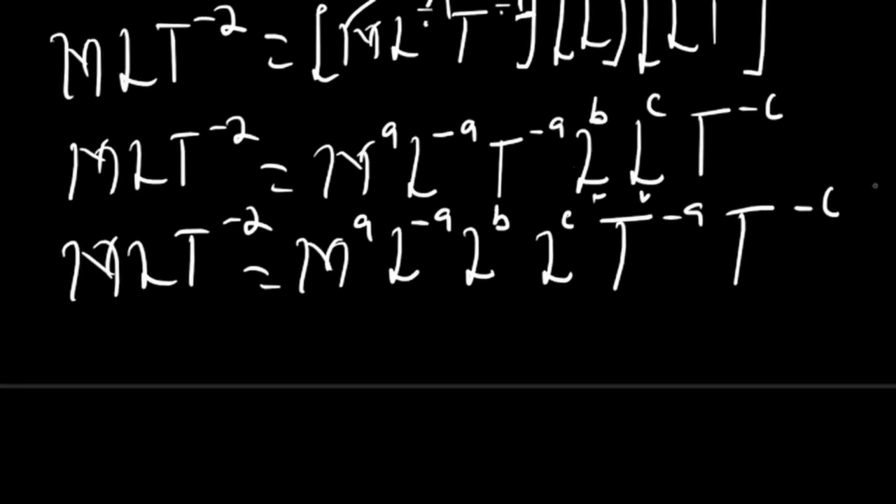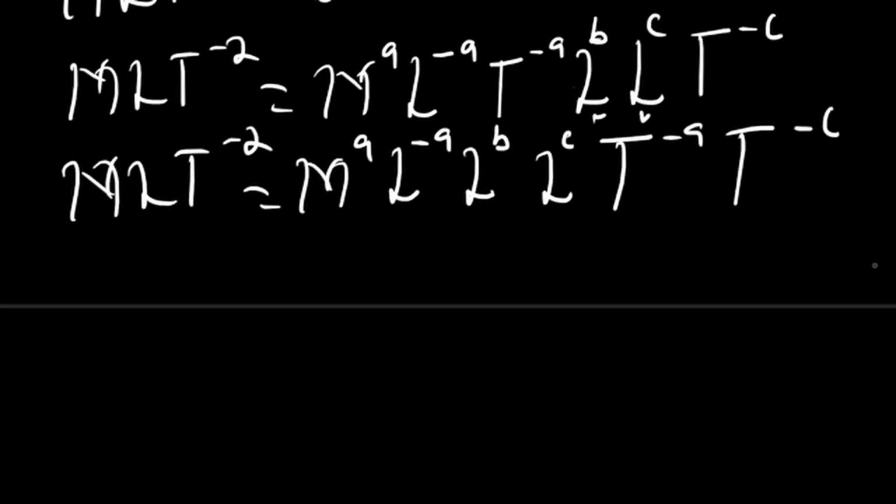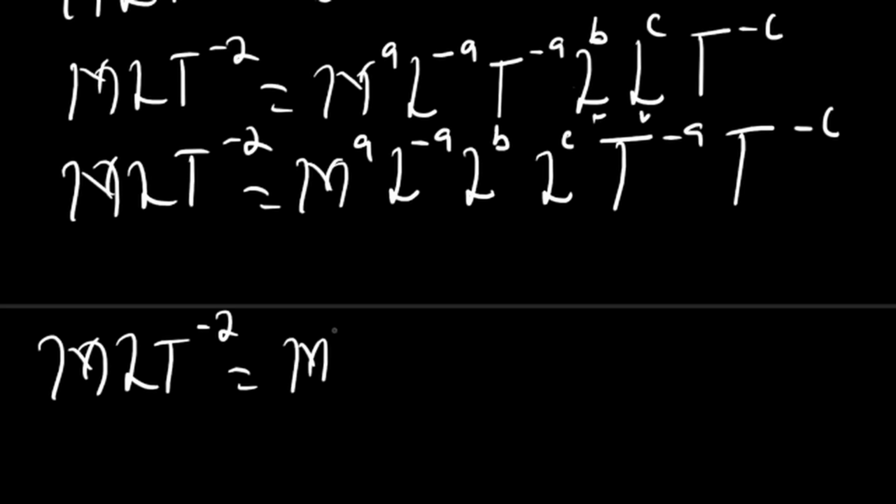Okay, so right now, what do we do at this point? When we get here, we now have to add their powers since the bases are the same. So we add for the L and for the T. So let's do that. We have M L T to the minus 2 is equal to, here we have one M, just an M. We don't have to bother about adding it to something else.